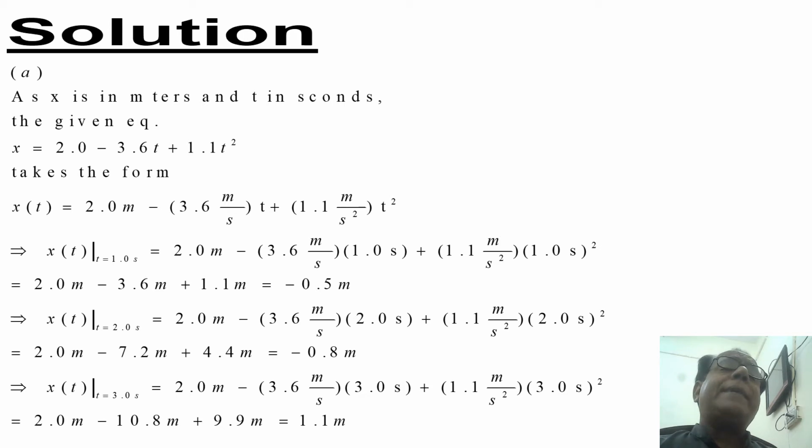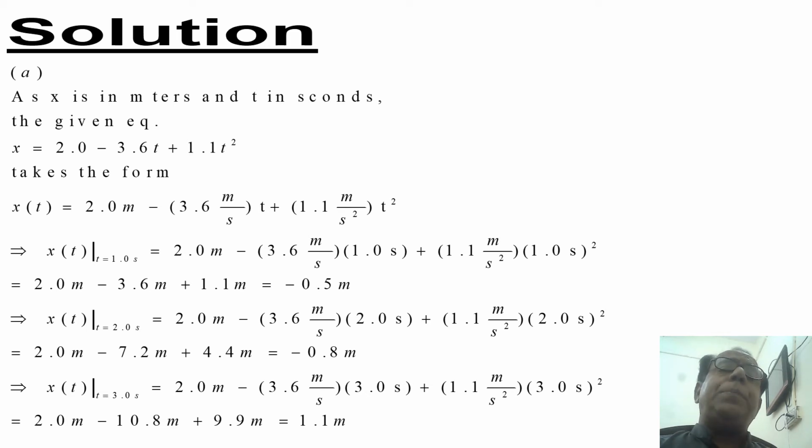So when x(t) is equal to 2.0 meter minus 3.6 meter per second into t plus 1.1 meter per second squared into t squared, then x(t) at t equal to 3.0 second becomes equal to 2.0 meter minus 3.6 meter per second into 3.0 second plus 1.1 meter per second squared into 3.0 second whole squared.